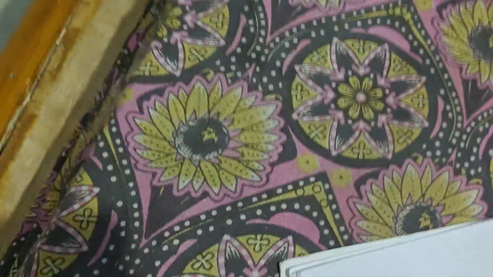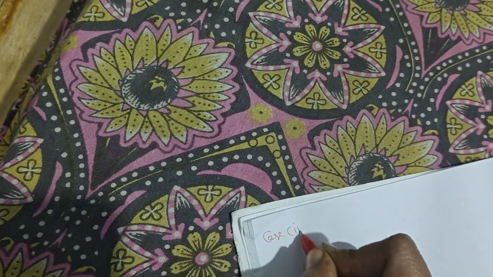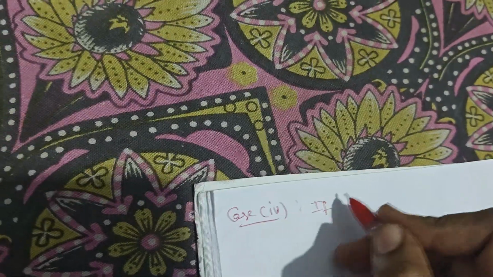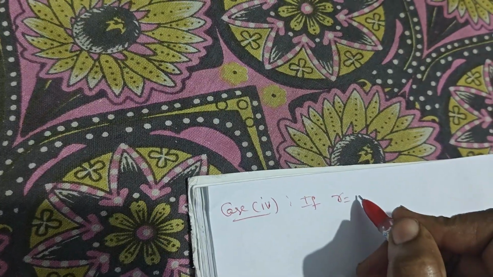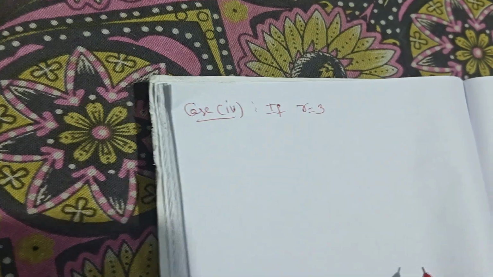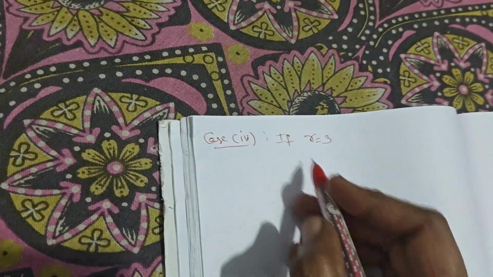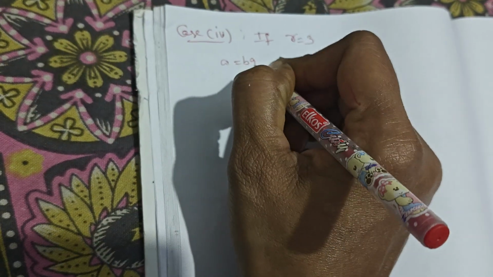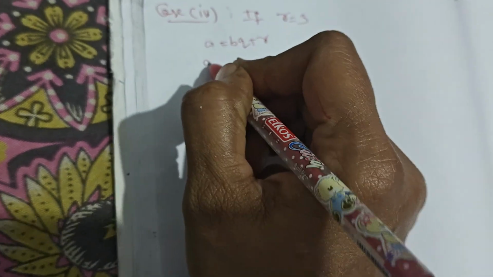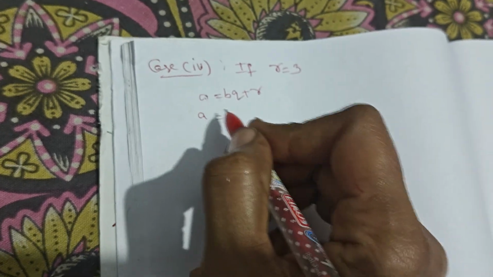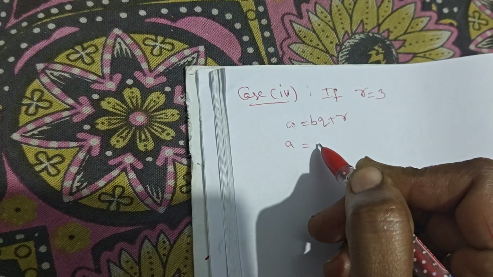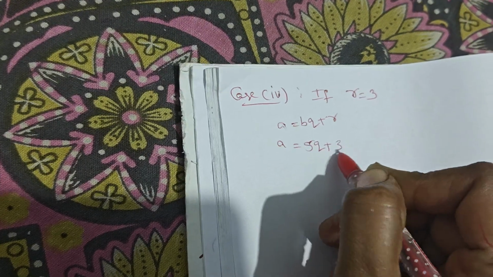What is that case? Case 3 completed. Now case 4. What is case 4? Up to now what we did? r equal to 1 we did, 2 we did, 2 completed. Now we have to go for r equal to 3. Okay. So a equal to bq plus r. a equal to b value how much? 5. 5q plus 3.